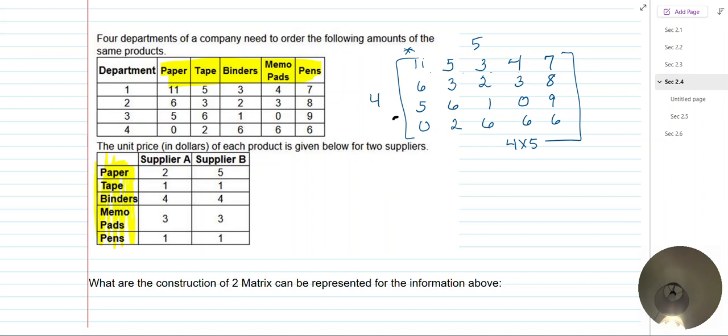Now this guy here is going to be a 2, a 5, a 1 and a 1, that's money, 4 and 4, 3 and 3. You notice most of them match and some are less expensive. And this is a 1, 2, 3, 4, 5 by 2 because we have 2 suppliers.